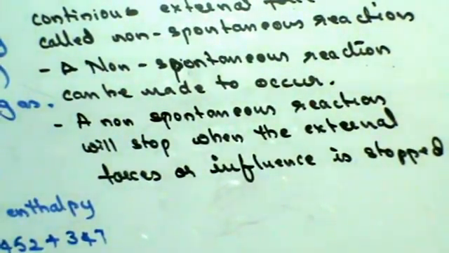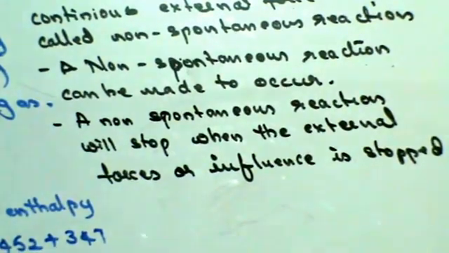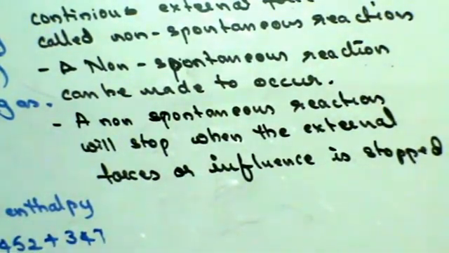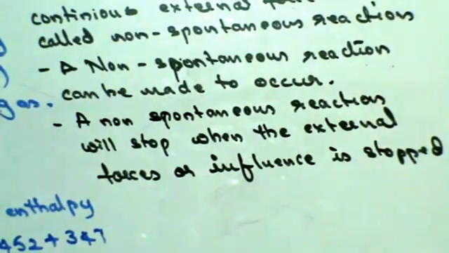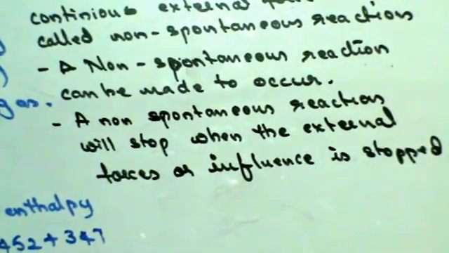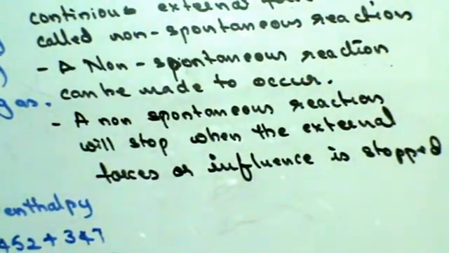Let's see the different types of examples of spontaneous and non-spontaneous reactions. Flow of heat from a hot body to a cold body occurs naturally, and you do not have to give any external force for the flow to take place, and it is not in the reverse direction, right? Then you can have flow of water on its own from a higher level to a lower level, right?